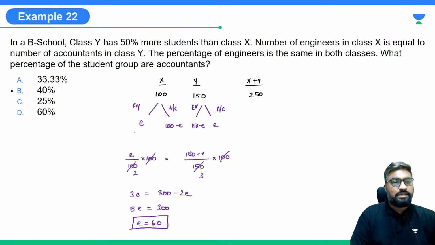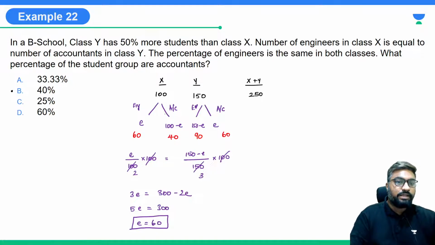In X engineers is 60, in Y accountants are 60, in X accountants will be 40, and in Y engineers will be 150 minus 60, that is 90. So what they're asking is what percentage of the student group are accountants.